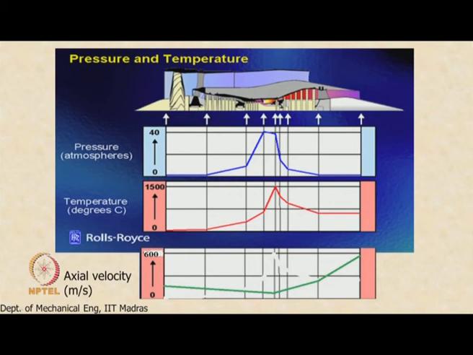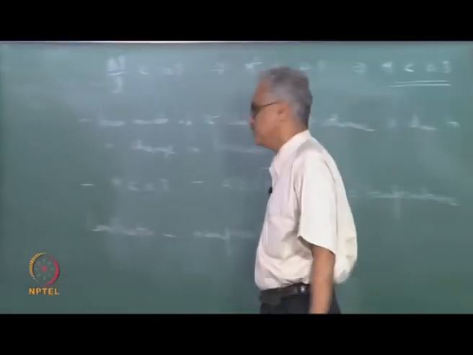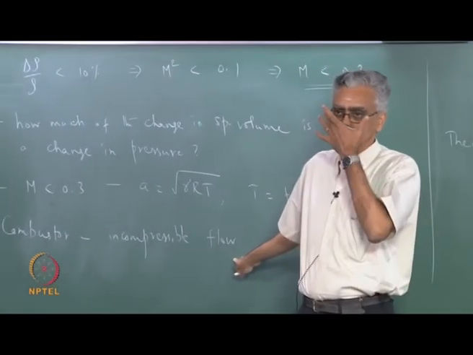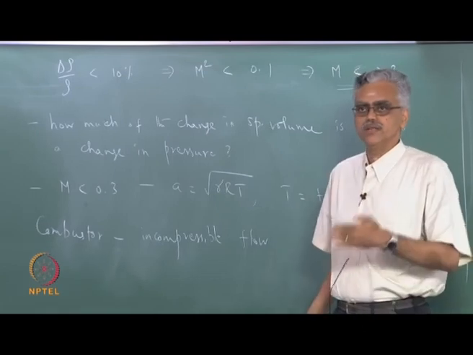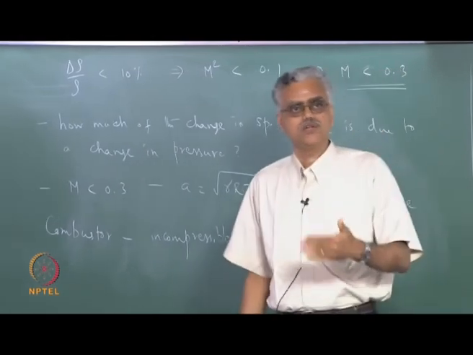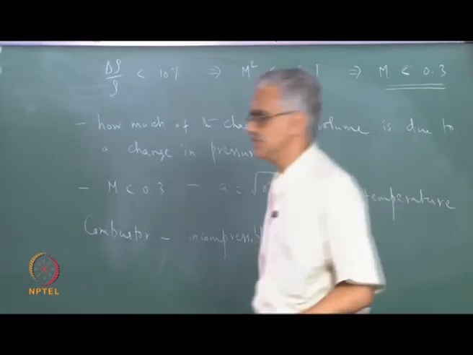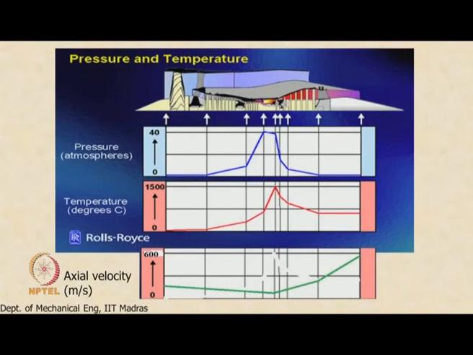So both these conditions, the fact that the pressure is constant with heat addition and the fact that M is going to be very small, tell me that the flow in the combustor is essentially incompressible. Now in contrast, when we look at a ramjet or a scramjet engine later on, you will see that when you add heat to a flow where compressibility effects are important, the pressure will not remain constant, the pressure will also increase.